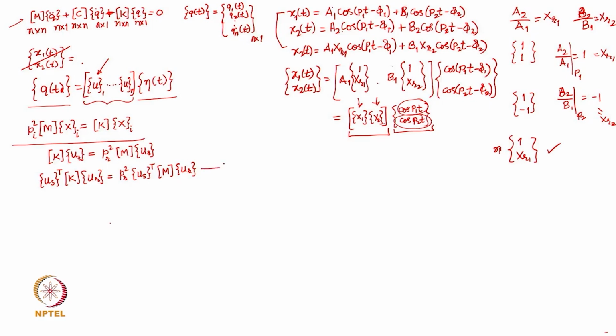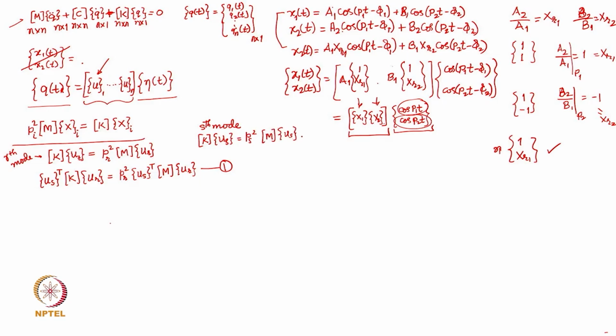Now, the way I have got this equation, I can also get the equation when I consider the sth mode. So, when I consider the rth mode, I get this particular equation. If I use the sth mode, I can write the equation as k us equal to ps square m times us, isn't it?